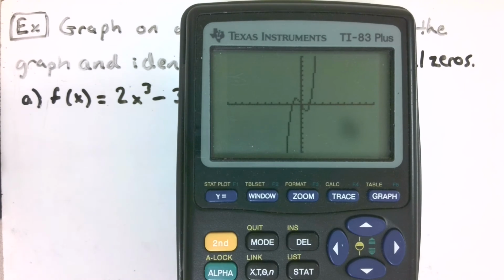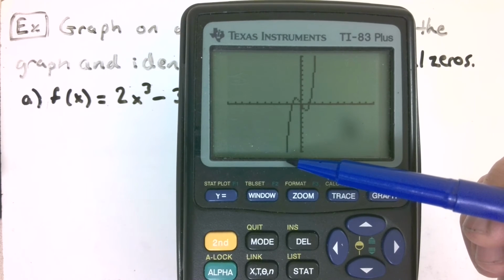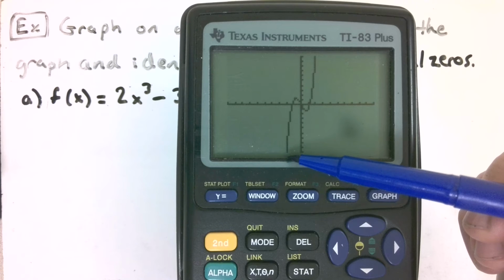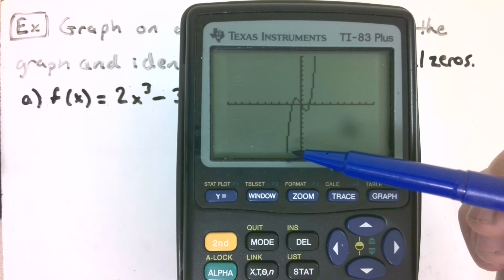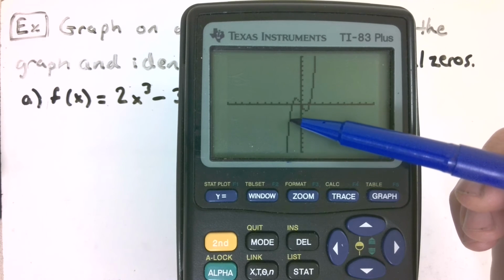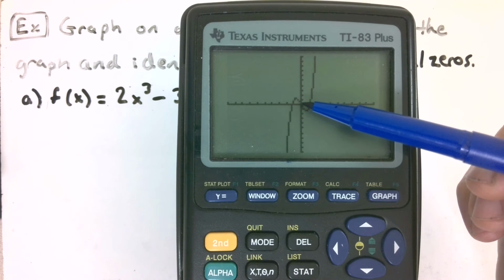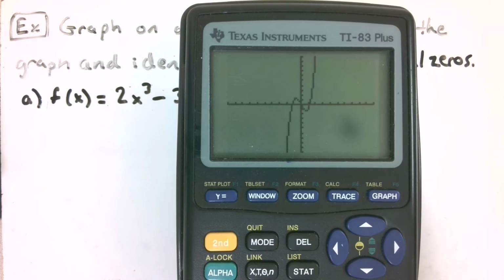So if you take a look at the graph that we have for our equation, how we can describe this graph is that it starts down at the bottom of the screen. And as we read this from left to right, that's typically how people read graphs, just like we would read a sentence from left to right, it starts at the bottom of the graph and it goes up for a while, and then it comes down for a while, then it goes up for a while again before it goes off the top of the screen.